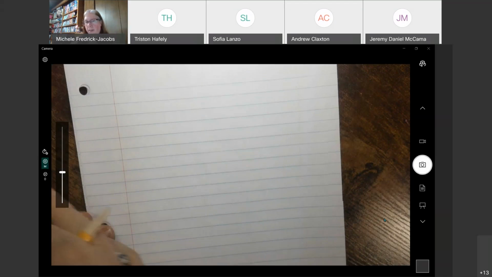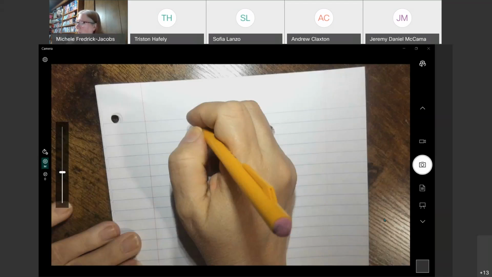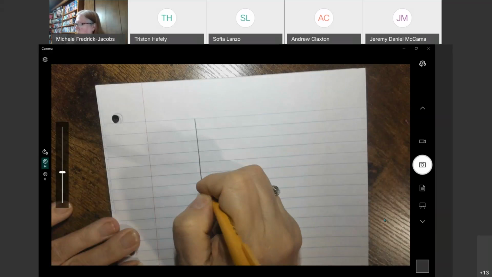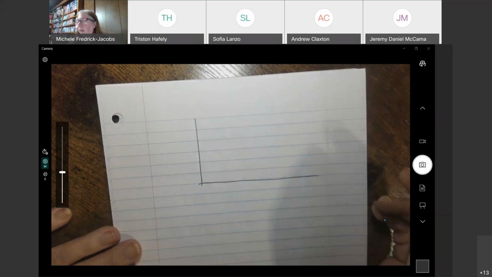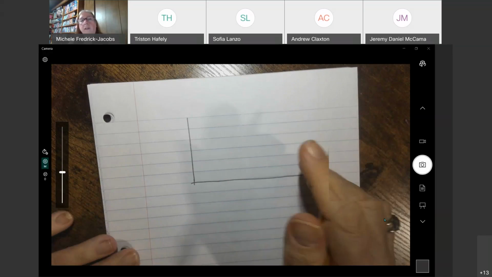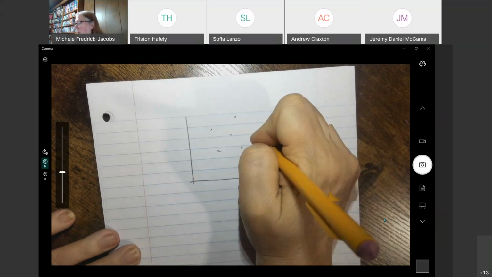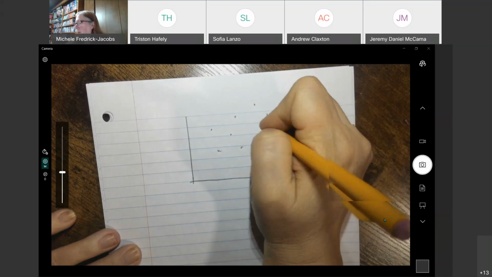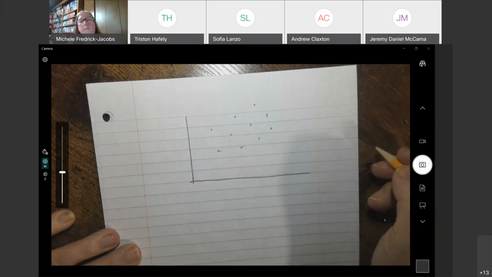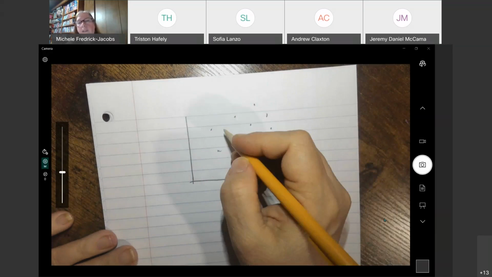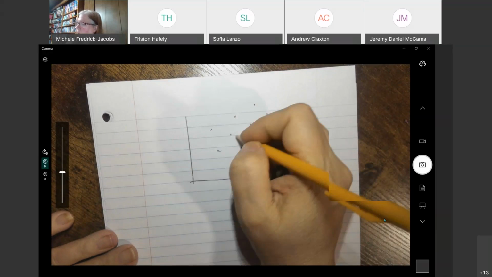In the next chapter, most of it we will be doing with Excel, which will graph it for us. There's a couple where we'll plot some points. And then what we need to do is find a line that will go right in between them.